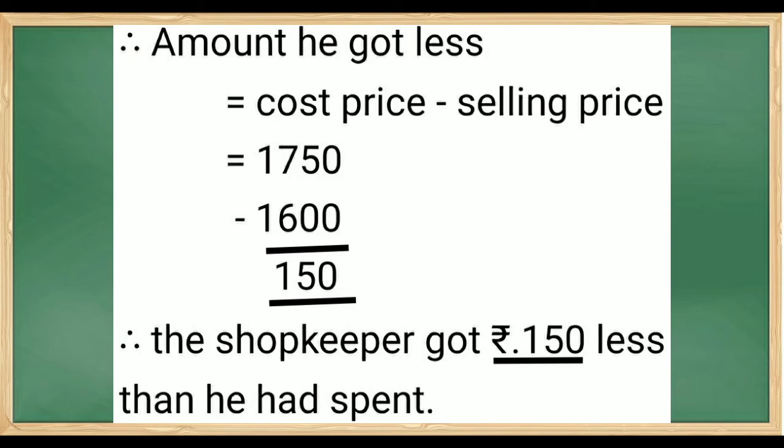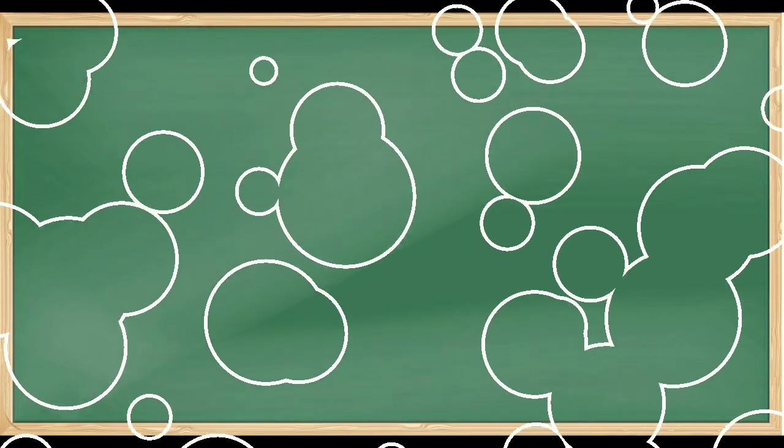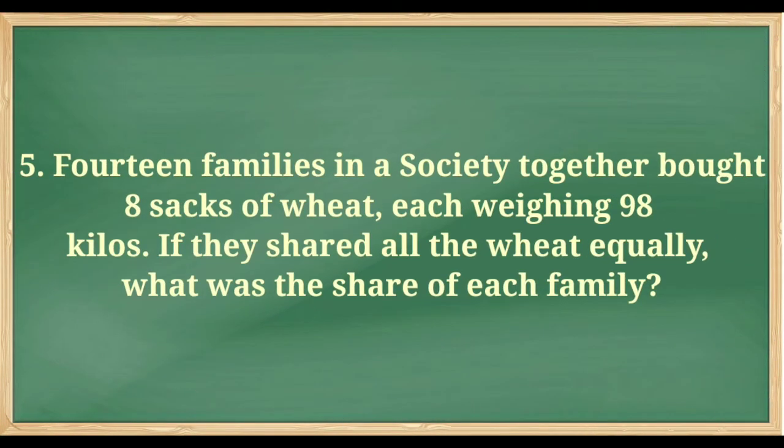The difference we obtain by subtracting 1600 from 1750 is 150. Therefore, the shopkeeper got rupees 150 less than he had spent. Let's move on to our next question.